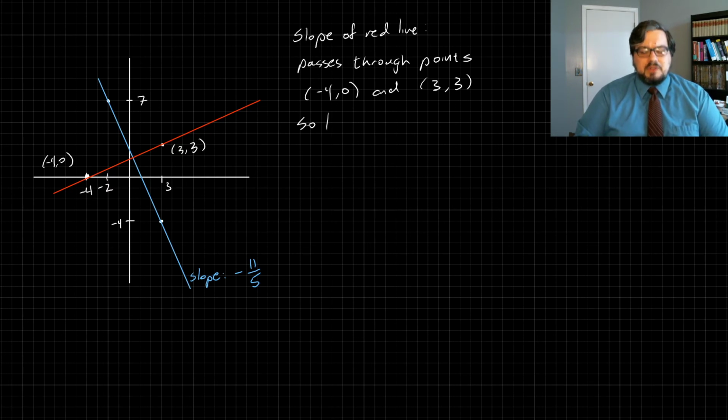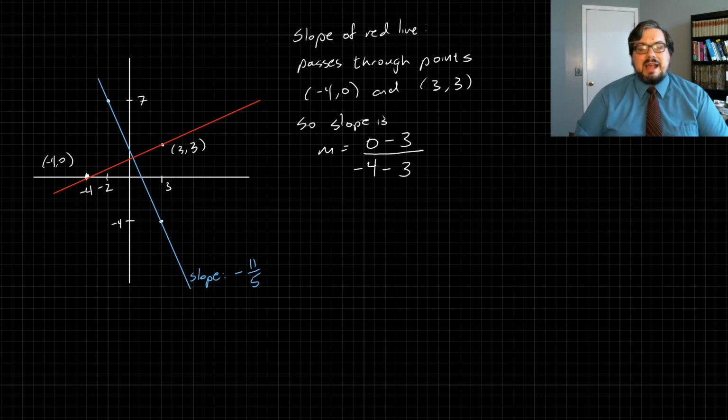So the slope is m equals, now we can take the difference. So it's the difference of the y values on top. So I'll write that as 0 minus 3. Notice I'm using the point -4, 0 in the first slots. Those are coming first on the top and the bottom.